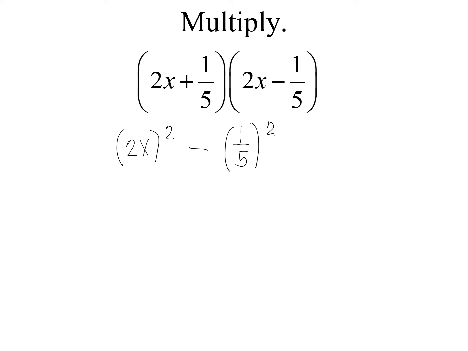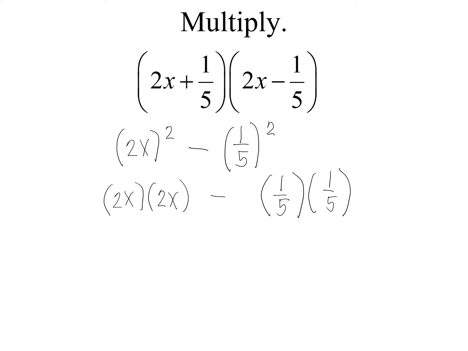Okay. And 2x to the power of 2, if we're going to apply product rule of exponent, this actually means 2x times 2x minus 1/5 times 1/5. Alright?